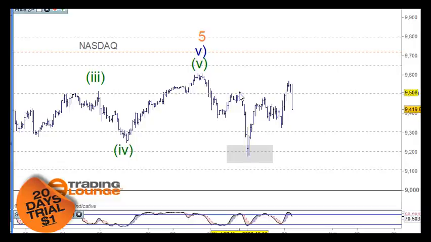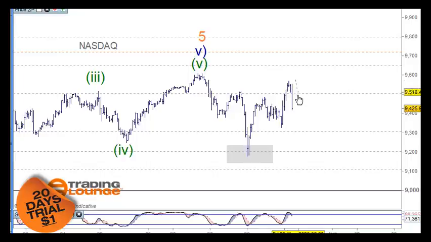We're looking for that to retrace there. That worked out all nicely, and then we're looking for a move down. That was fine. Then we got the move up through here. So this move down through here, this is in 3 waves. So it's corrective. So it makes this also corrective as well.